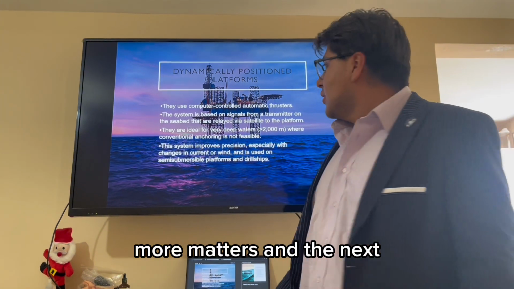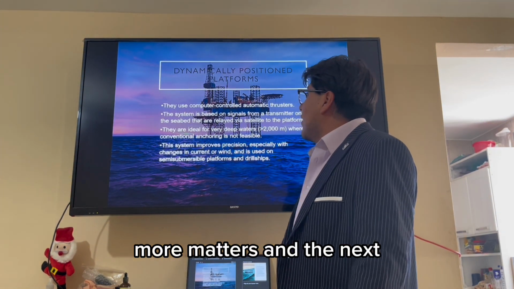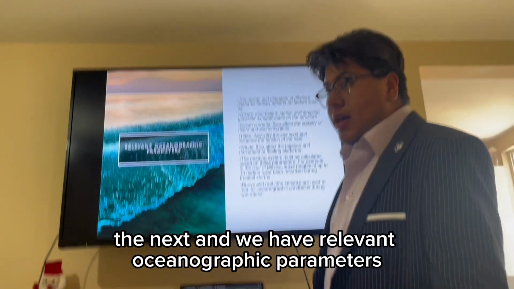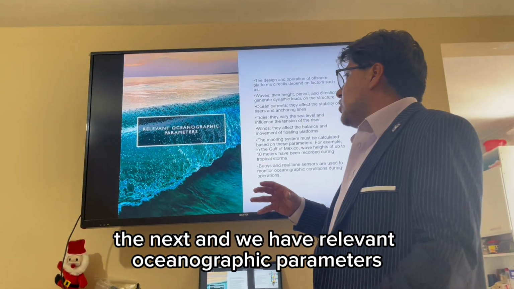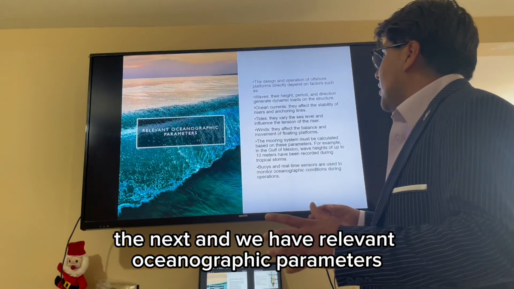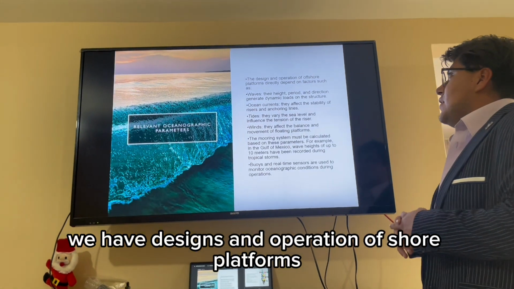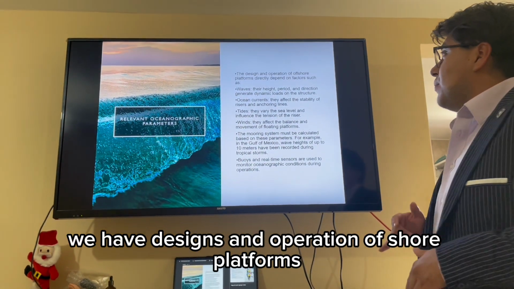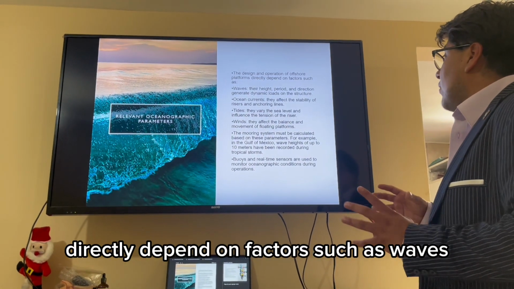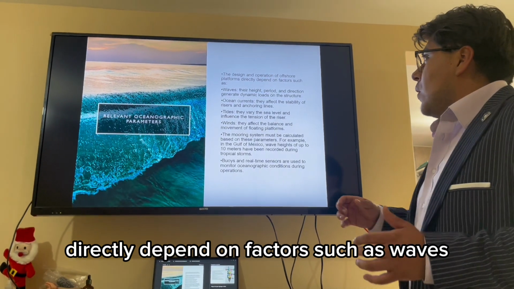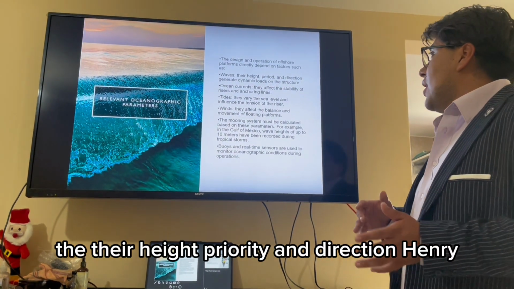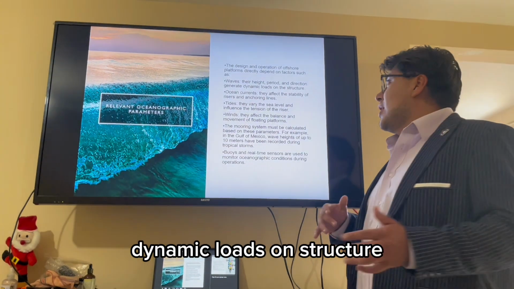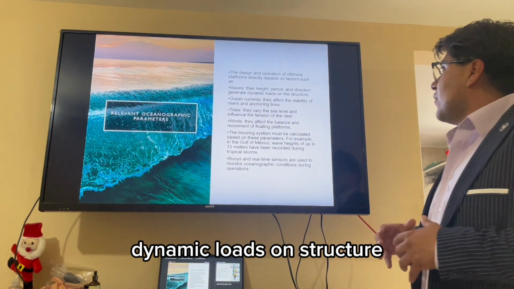more meters. And the next, we have relevant oceanographic parameters. The design and operation of offshore platforms directly depend on factors such as waves: their height, period, and direction generate dynamic loads on the structure.